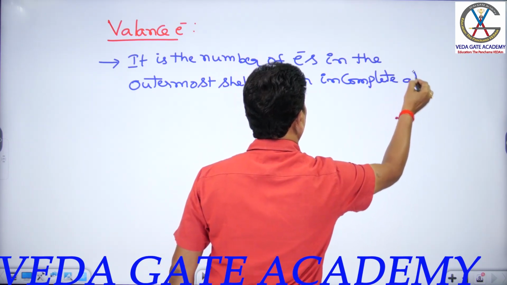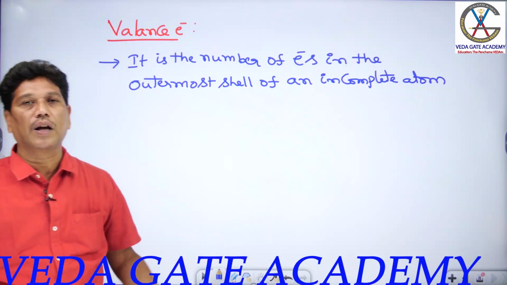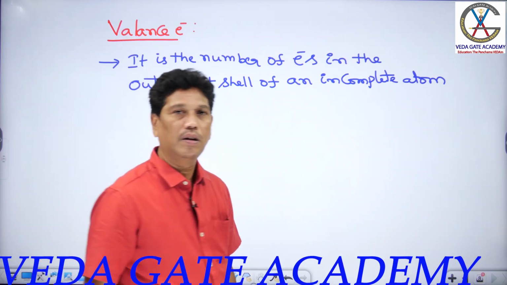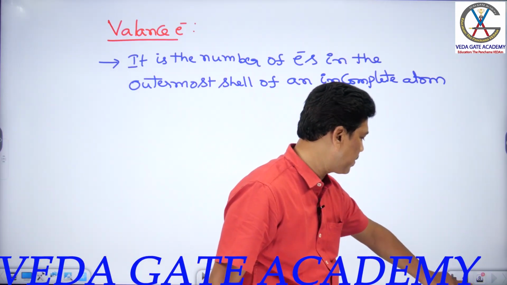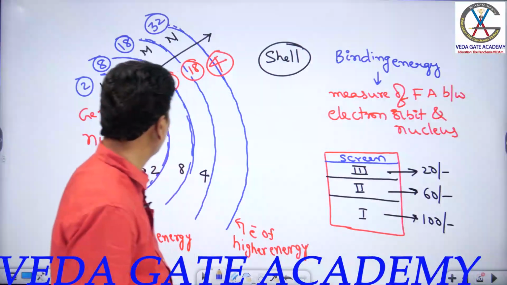So, valence electrons are the electrons in the outermost cell of an incomplete atom. Suppose you discuss that atomic structure.